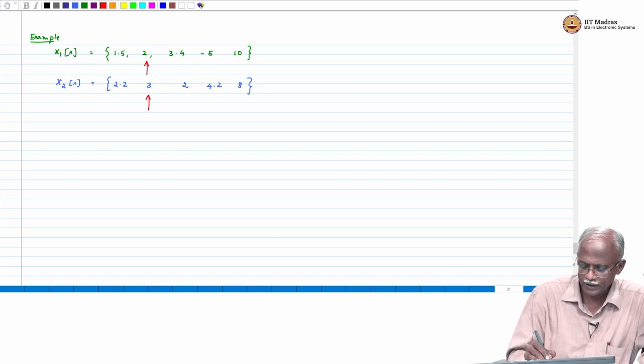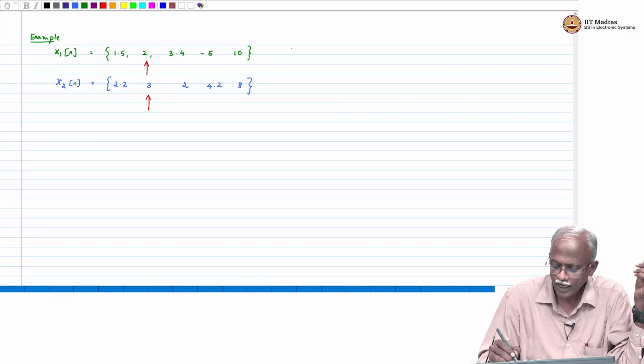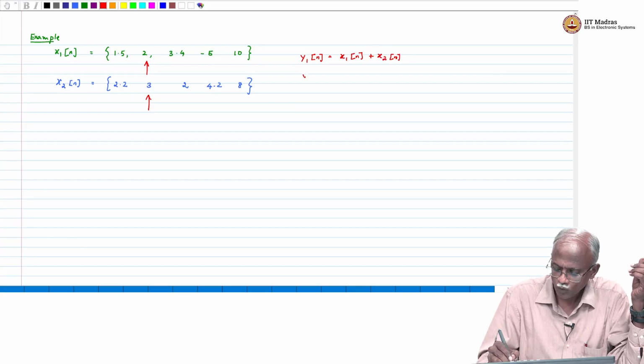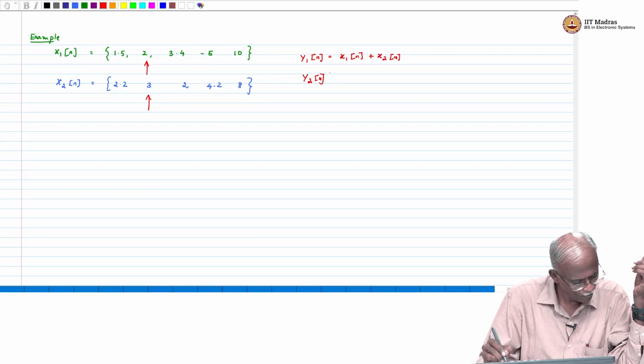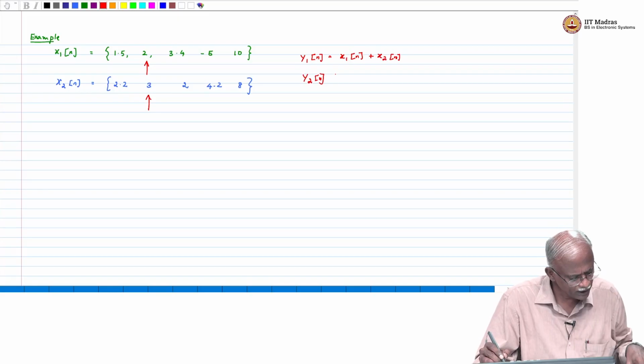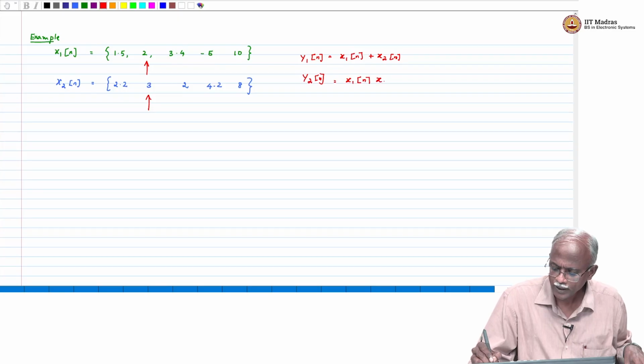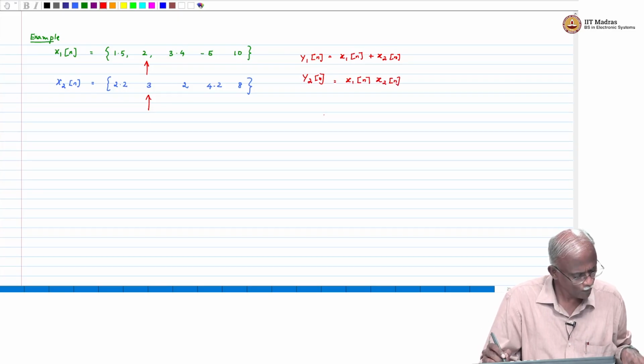So we are then asked to obtain y1 of n, which is the addition of the two sequences, x1 of n plus x2 of n. y2 of n is equal to the product of the two sequences, x1 of n times x2 of n.